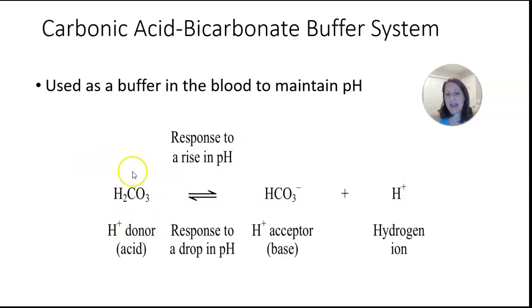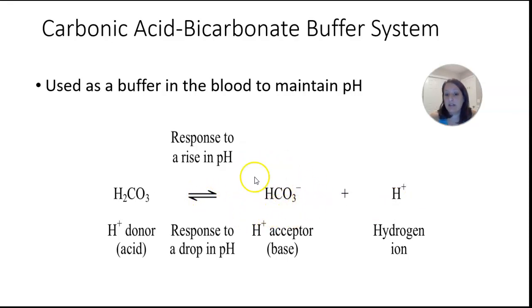It is an acid, which means it's going to dissociate and donate a proton. If we go to the right, the result of that is bicarbonate and this hydrogen ion. So it releases a hydrogen ion, and that increases the concentration of hydrogen ions in our solution. Notice the 2 arrows, so this reaction is reversible.